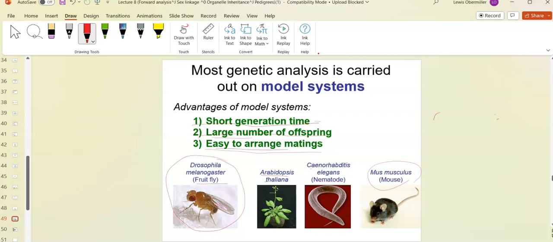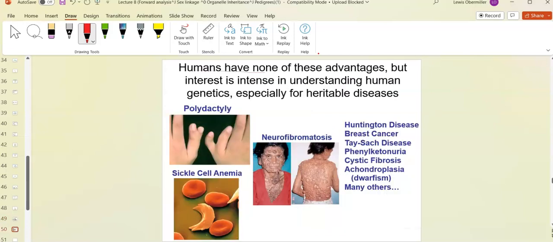And it's unethical to force people to mate with each other if you're trying to figure out how a trait is inherited. So in order to understand human genetics, especially for heritable diseases, we have to take a different approach. The way that we do this is we use pedigrees.